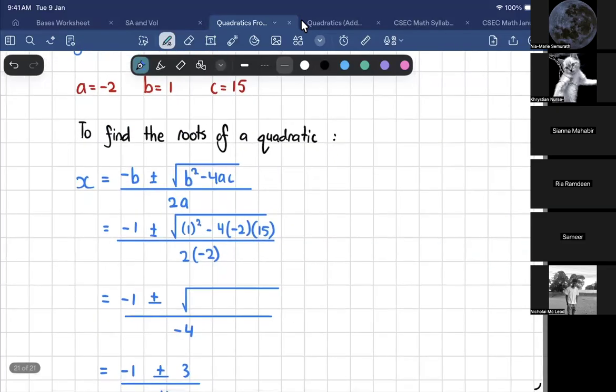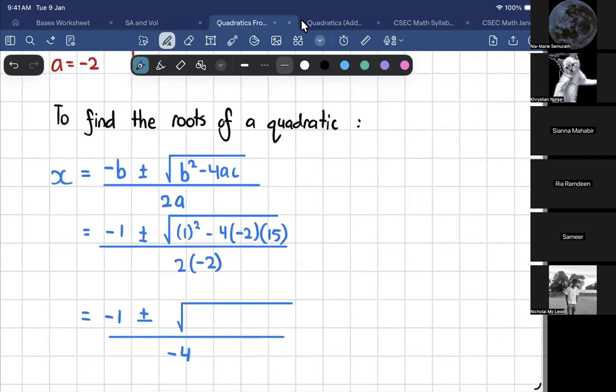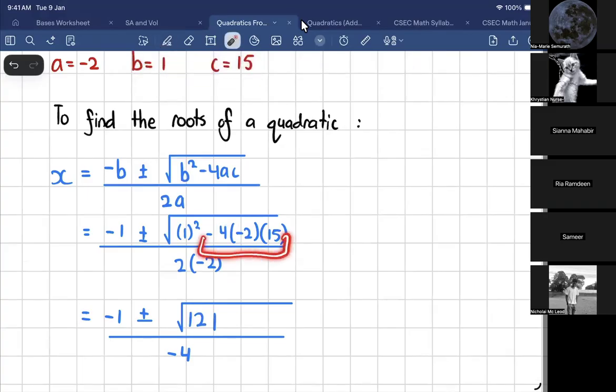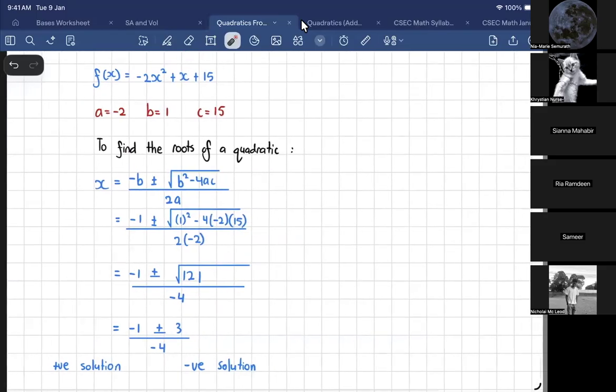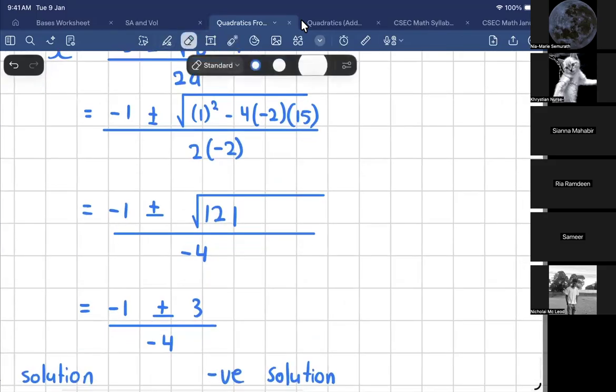So I get 121. Yeah, you're supposed to get 121, because this turns into plus 120 because of the two negatives, and you have 1 on the outside. So 1 plus 120 is 121. The square root of 121 is 11.